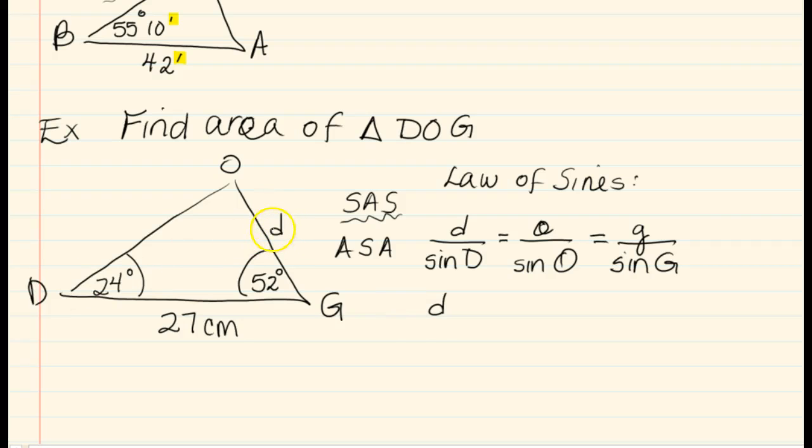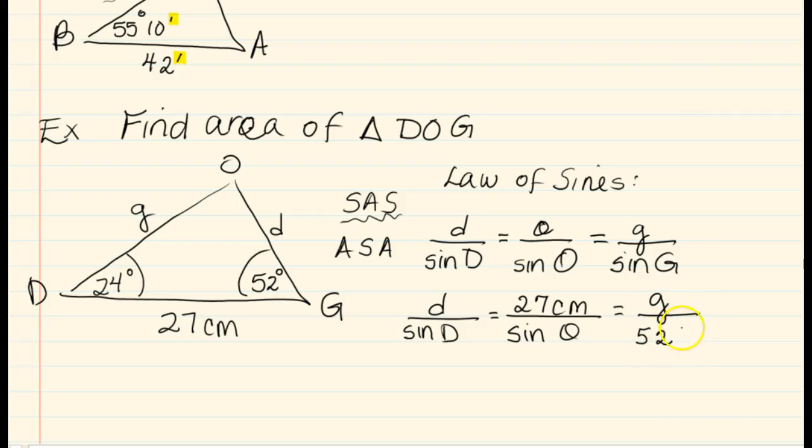Remember, d is this side right here, and sine of D. We know little o is 27 centimeters, but we don't know the angle. And then little g we don't know, so we'll put little g, and then angle G is 52 degrees. Well, oh wait a minute, I do know D, so let's make sure we change that. So angle D is 24 degrees.